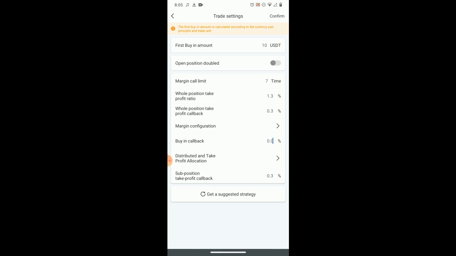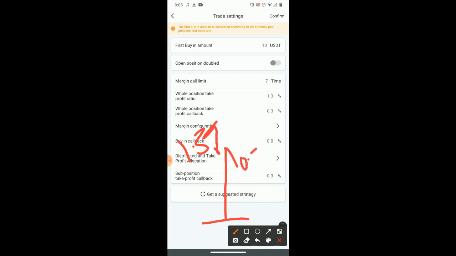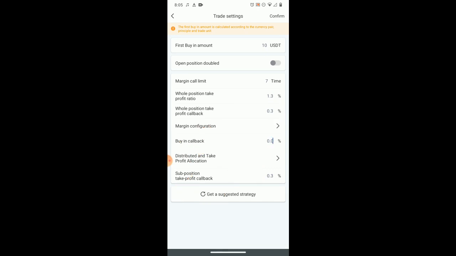I put it at 0 because if my trade executes, for instance, it has gotten to, let's just say 1.3%, and there is a pullback of 0.3%, and the trade closed, and I make a profit of 1%, I don't need to wait. As I'm picking my profit, another trade is triggered again automatically for me. That is what I meant when I say I put it at 0. That is how it works.